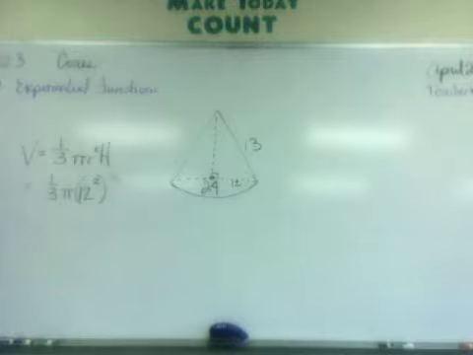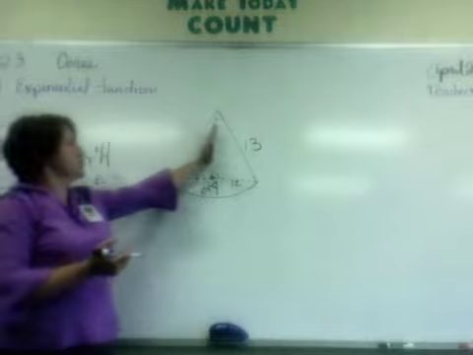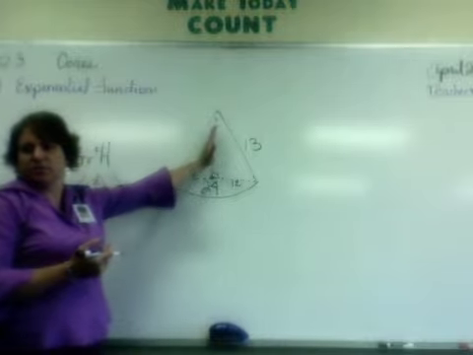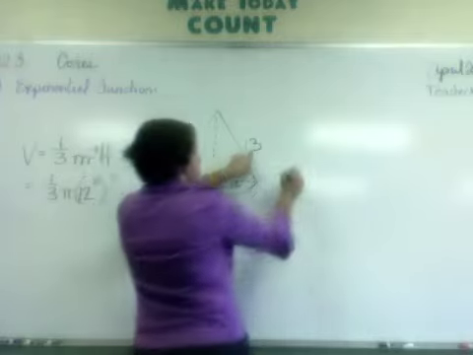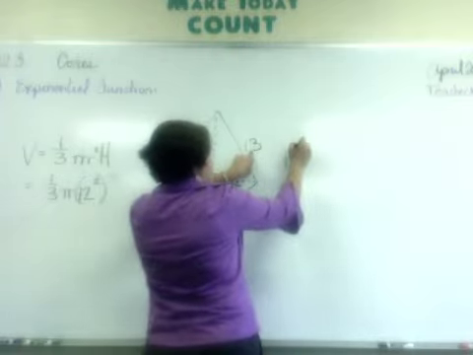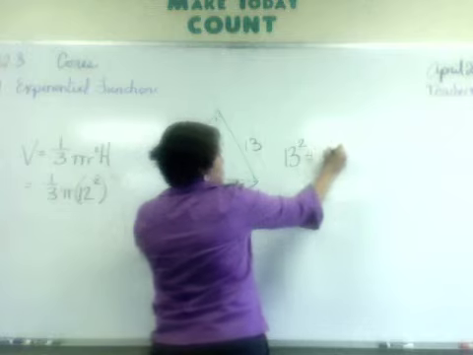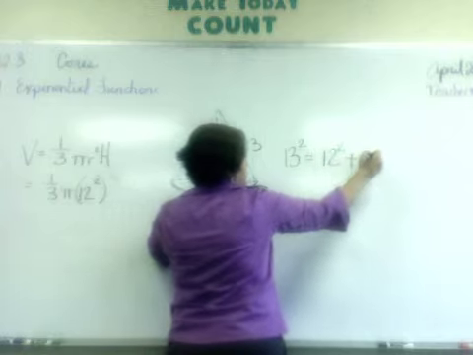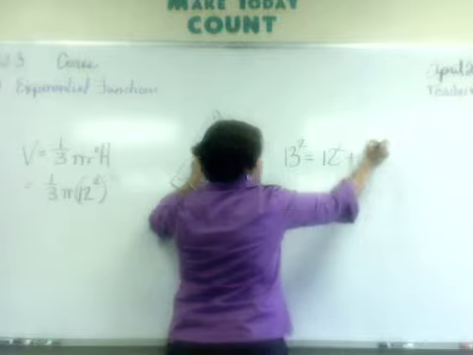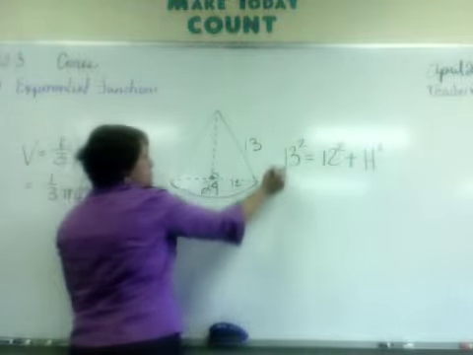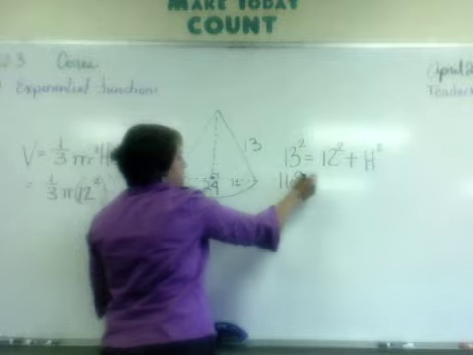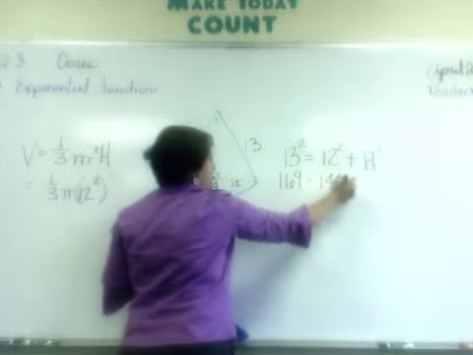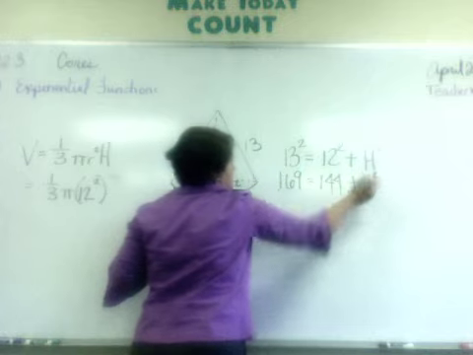I'm going to use the Pythagorean theorem to find my height. 13 squared is equal to 12 squared plus my height squared. So that's 169 equals 144 plus height squared.